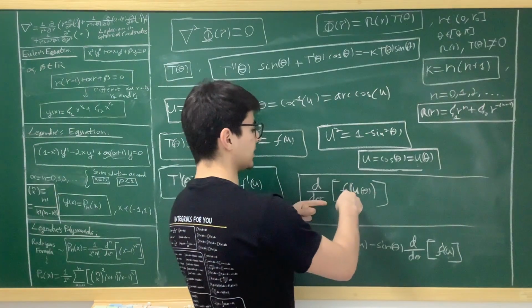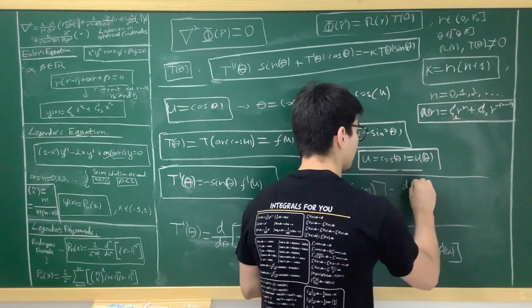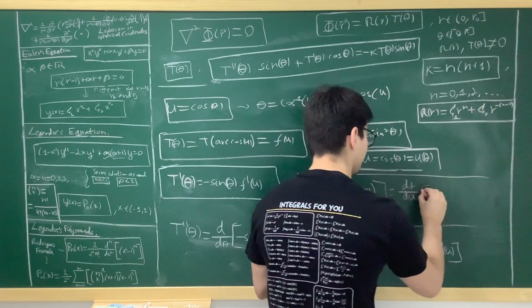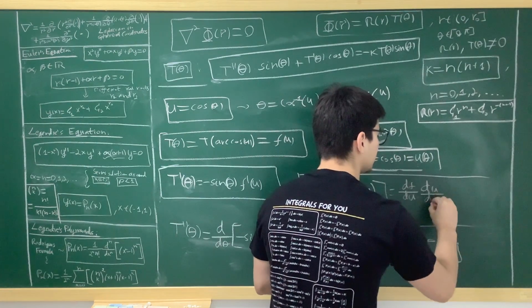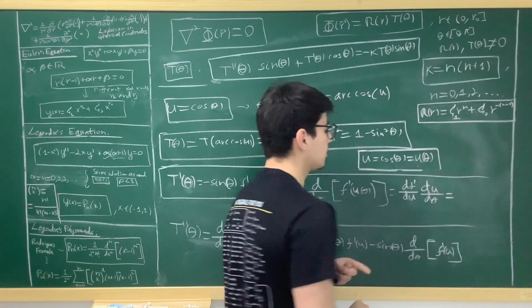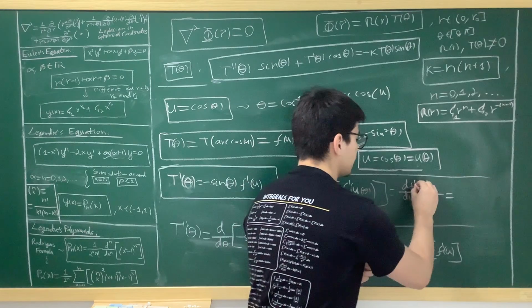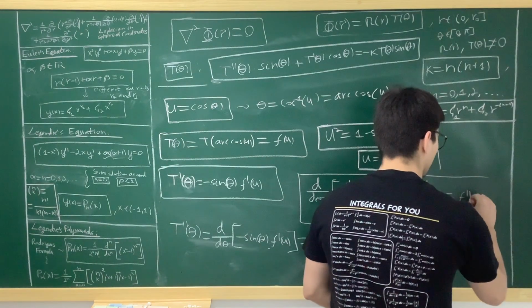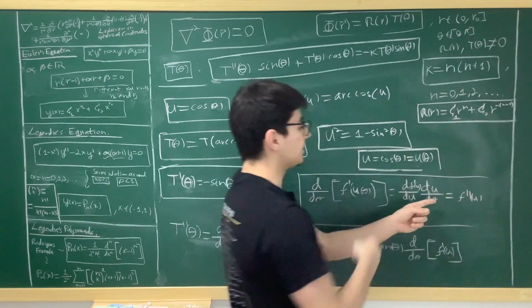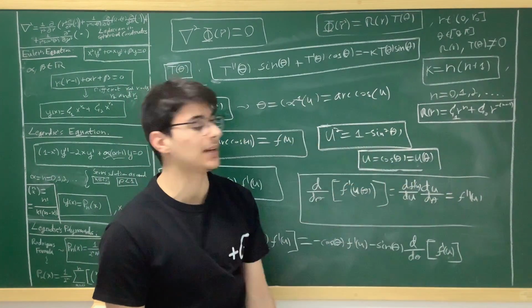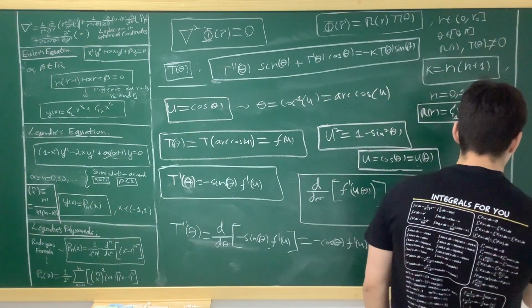We take the derivative of f with respect to u, and then the derivative of u with respect to theta. In this case it should be f prime, and this is a function of u. So we have f double prime of u times this term here, and the derivative of u with respect to theta is negative sine again, minus sine.